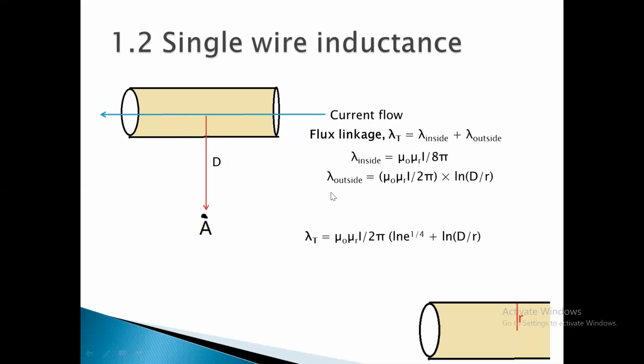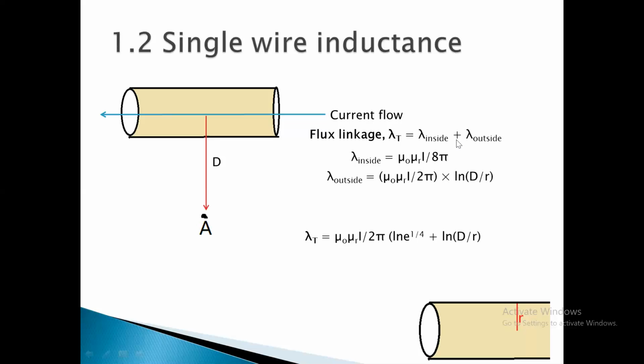Okay, so here I will put the value of inside, mu naught mu r I divided by 8 pi. Here I is the current. So this is the flux linkage, and here the outside flux linkage is this.